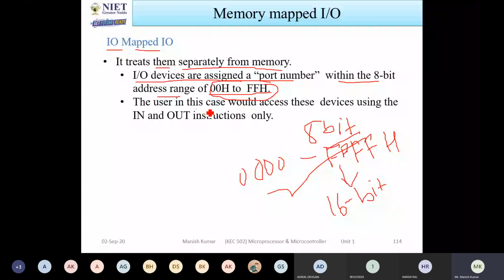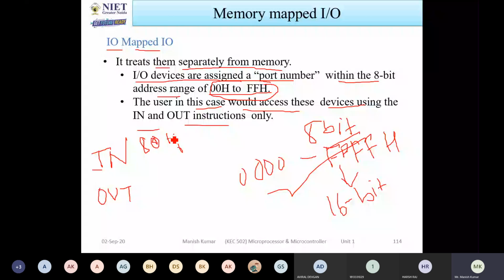The user in this case would access these devices using IN and OUT instructions. In the next topic I will study the instruction set, in which I am using IN and OUT instructions. When you use IN and OUT instructions, after that you have to define the 8-bit port address. This port address defines the address of the input devices.